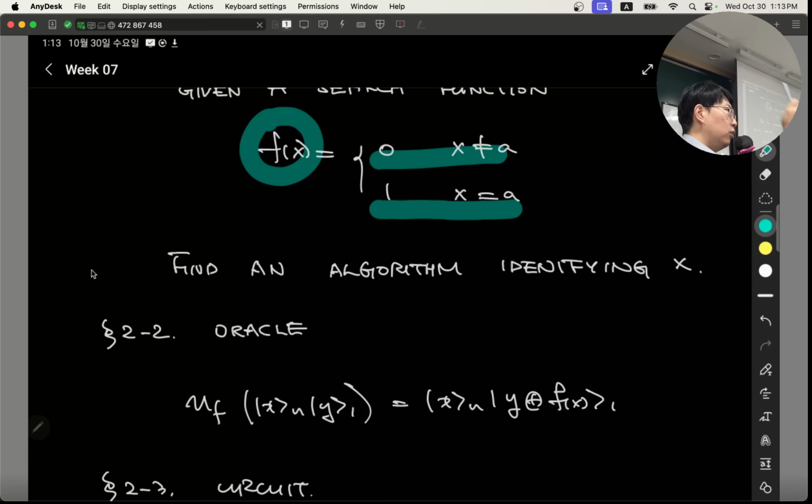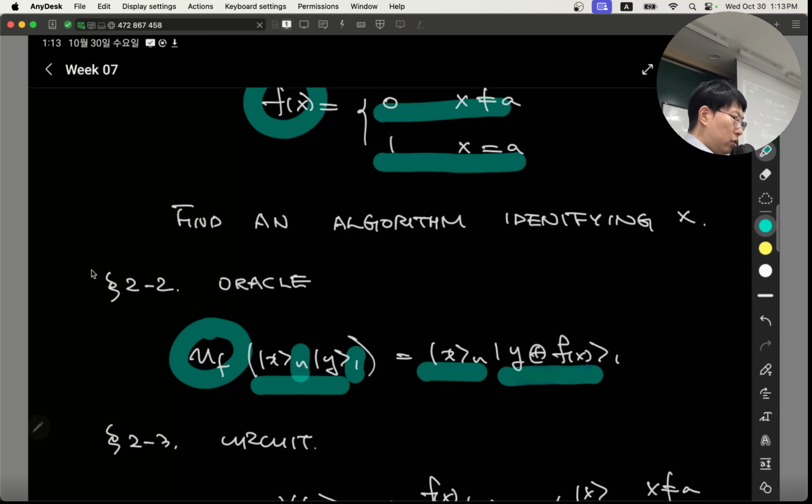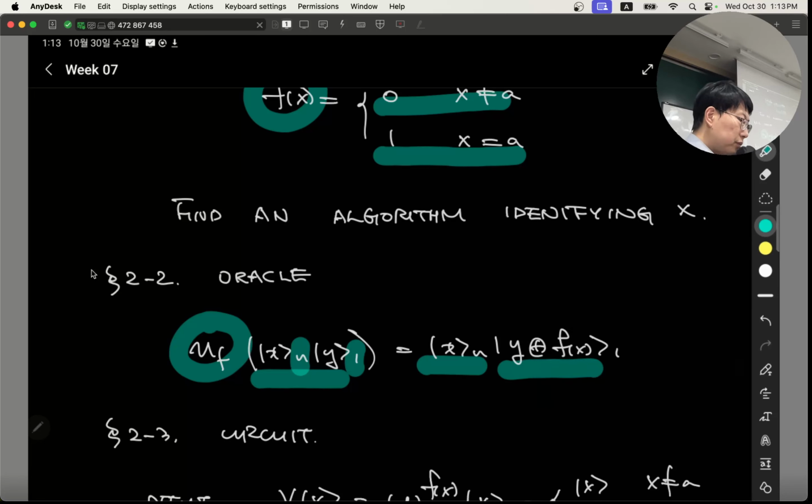We want to find when this happened. That's A. So this oracle gives you input and output. The input is n qubits, the output is only 1 qubit, and it keeps the input the same, but the output you change to plus f of x.